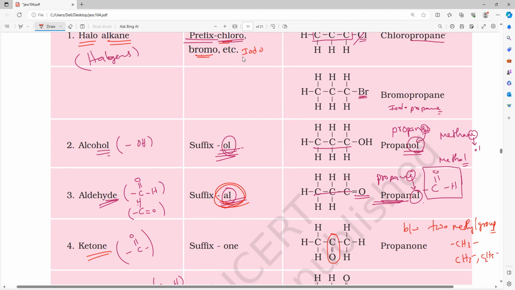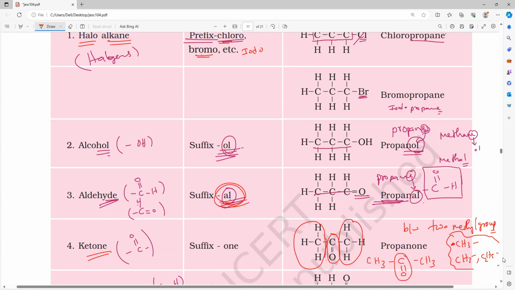Whatever it is, between any two alkyl groups it has to be present. Do you understand what I'm saying, everybody? Now this one you can see: this is one methyl group and this is one methyl group, CH3 bond, and this one is also CH3. The middle carbon is there, double bond O.